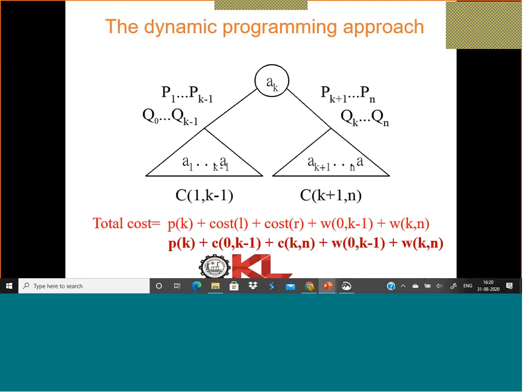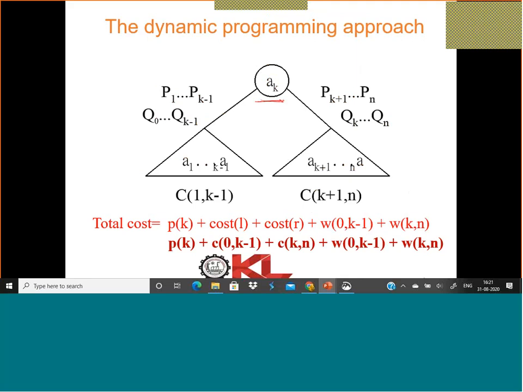Suppose I select A of K as a key element, then what is there in the left subtree and what is there in the right subtree? The left subtree contains all the elements which are lesser than the key element, that is from A1 to A of K minus 1.